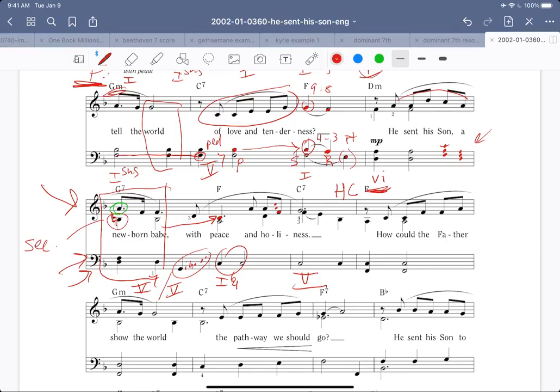And 1 6/4 is most often used as a preparatory chord to the 5 chord. There are other uses, but it's very commonly used as the precursor to the 5. So to have 5 of 5, which is preparing us to arrive at the 5, go to the common precursor of the 5, and then to the 5, while it may be a little bit confusing because of the secondary stuff, this is a very common chord progression.